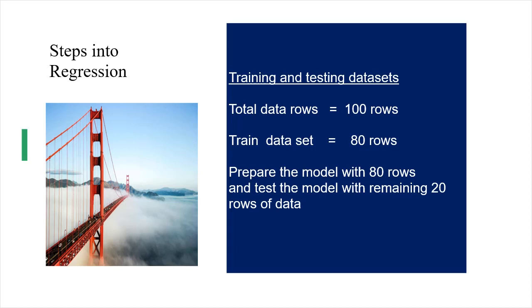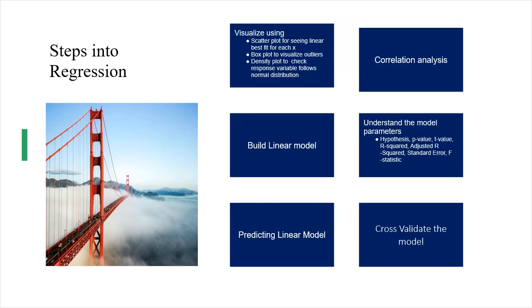In the training set, 70% or 80% of the rows are taken, and you prepare a model based on that, and then test the remaining 20 rows with that model. In those 20 rows, you know the actual values. Now you have also predicted the values using the model, so you can see the accuracy, whether your prediction has come true.